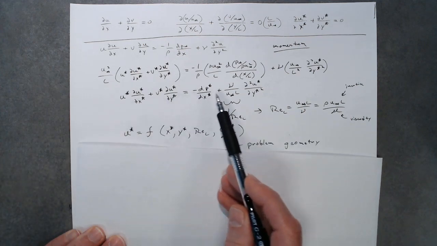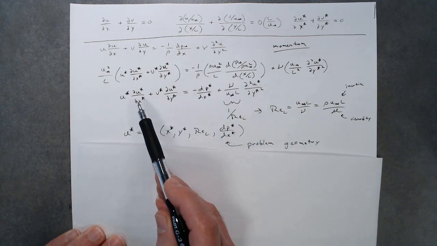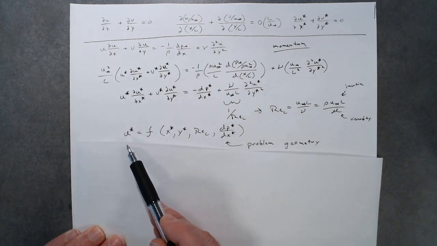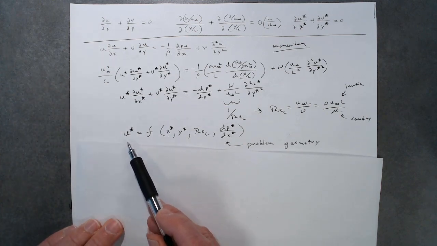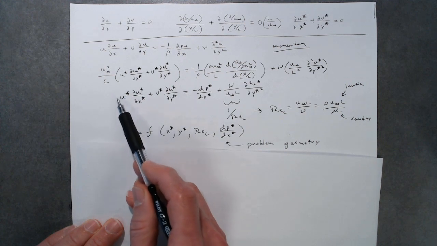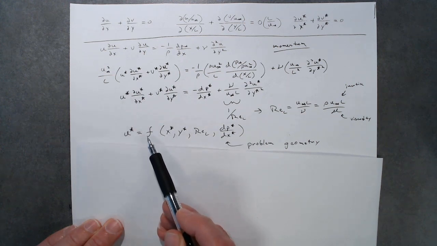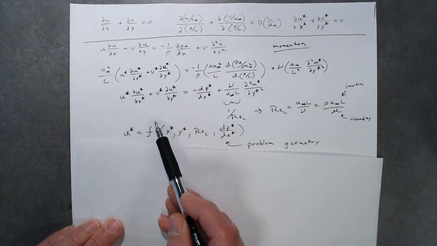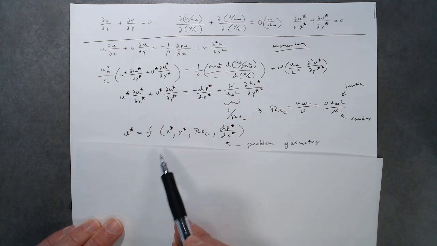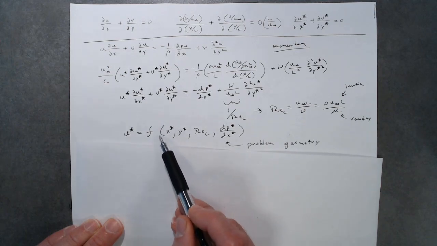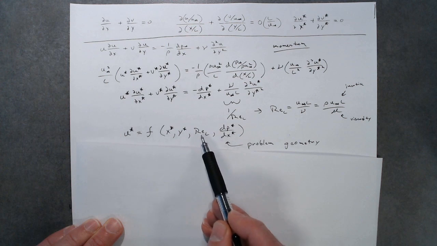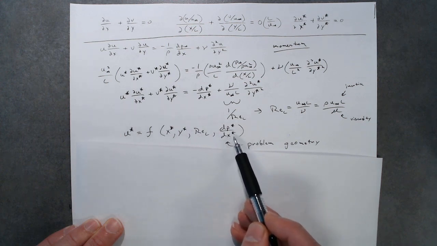So just by looking at this equation, we know that there must be a solution that exists for the flow, that we can express u star as a function that has as its arguments the non-dimensional positions, the Reynolds number, and this pressure gradient.